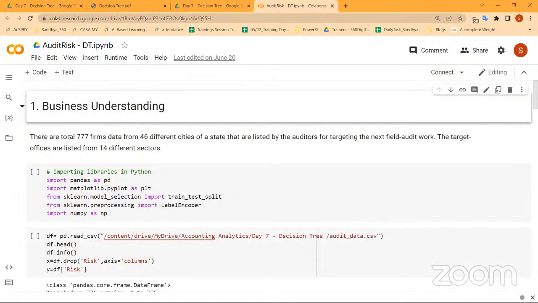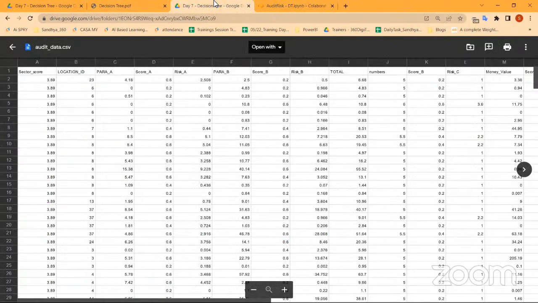The target offices are listed from 14 different sectors, right? So this is my data from the 777 firms. And then we have various columns, friends, like the sector code, the location, the IDs. We are taking the IDs rather than the names.